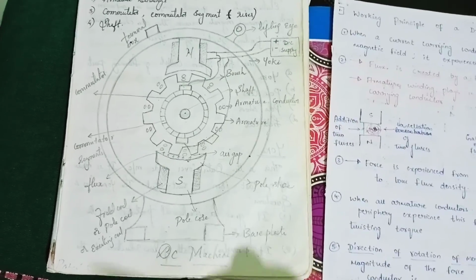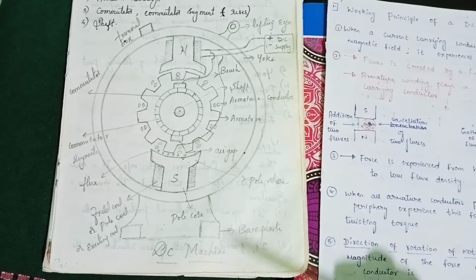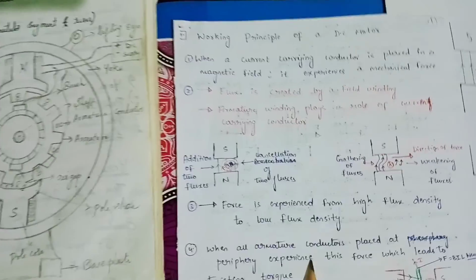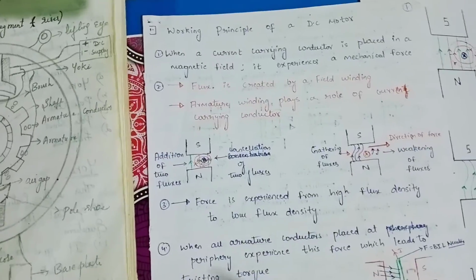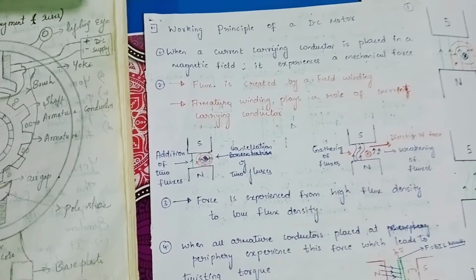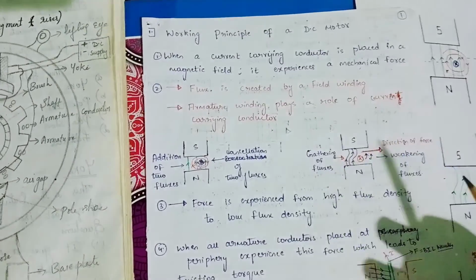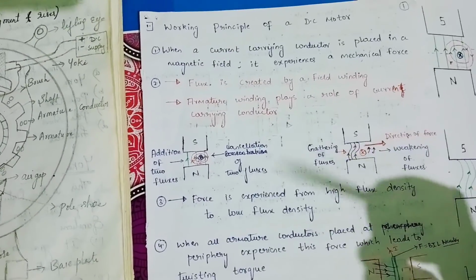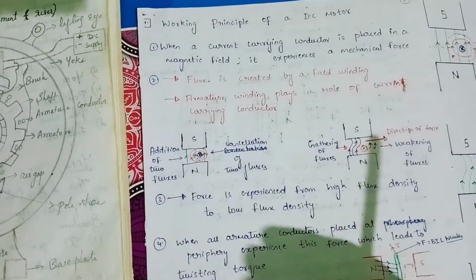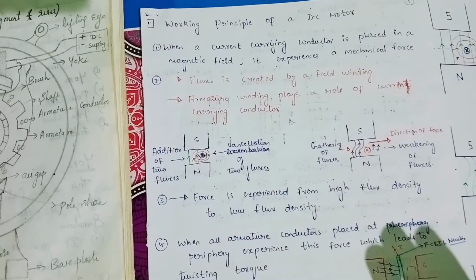Now let us see the working principle of DC motor. The working principle of DC motor is that when a current carrying conductor is placed in a magnetic field, it experiences a mechanical force. What does this statement say?